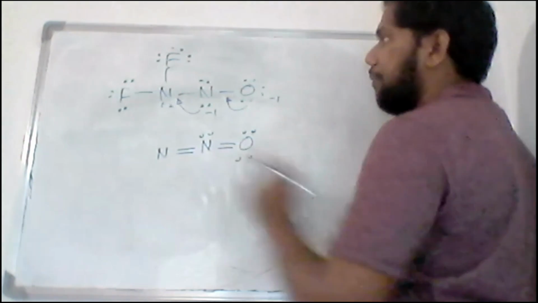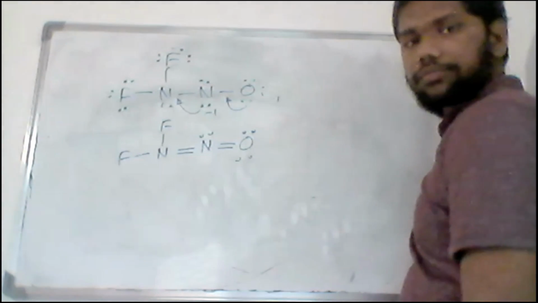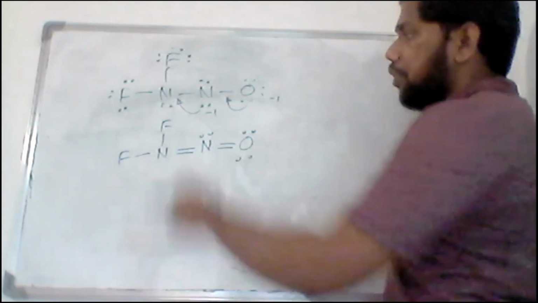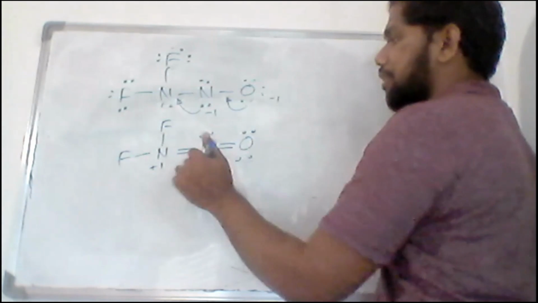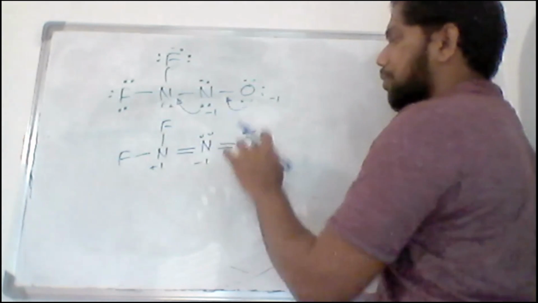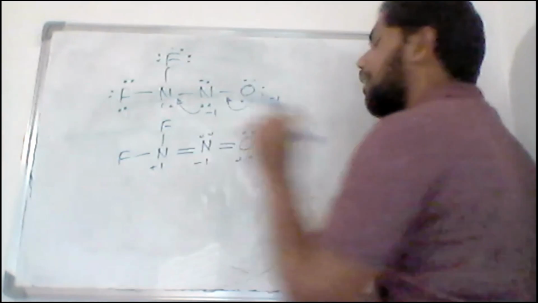Just imagine, okay? So there will be fluorine like this. So 1, 2, 3, 4 plus 1, 1, 2, 3, 4, 5, 6 minus 1, 1, 2, 3, 4, 5, 6, no charge.